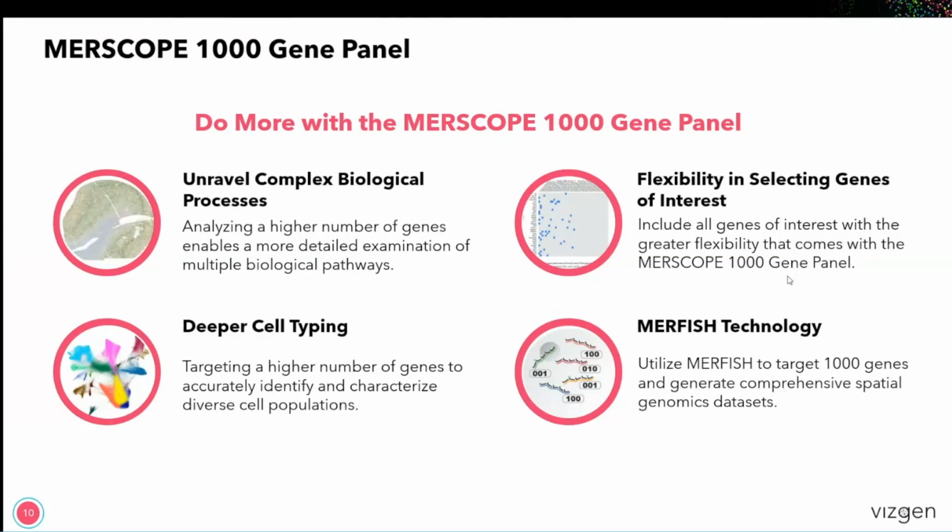And really, this all comes together to just have added flexibility for you as a user to design what you want to do with this solution. This added flexibility gives you the power to answer tough biological questions, all within a single MERFISH experiment.